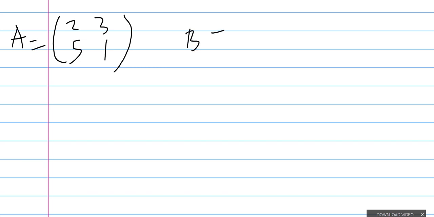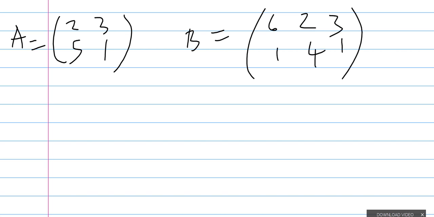So if you have matrix A, it's 2, let's say 3, 5, 1, that is A, and matrix B equals 6, 2, 3, 1, 4, 1. This matrix A is 2 by 2. Matrix B is 2 rows and 3 columns.